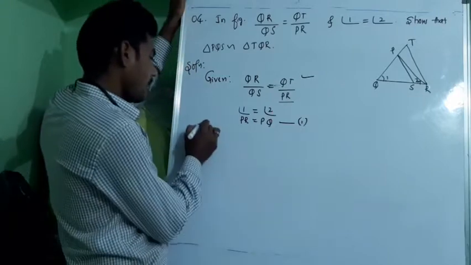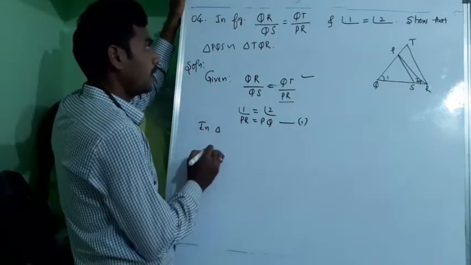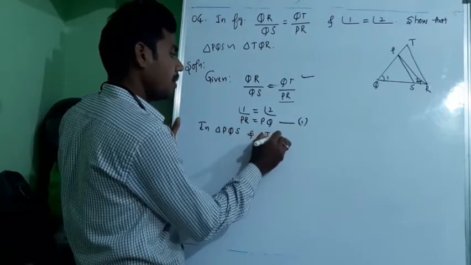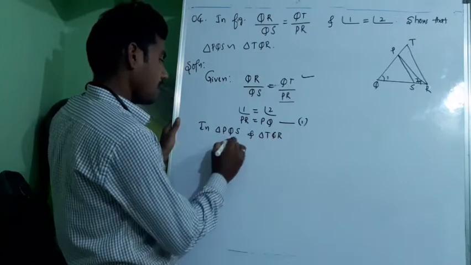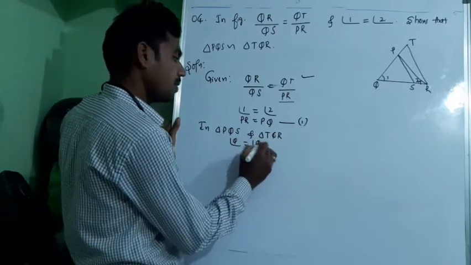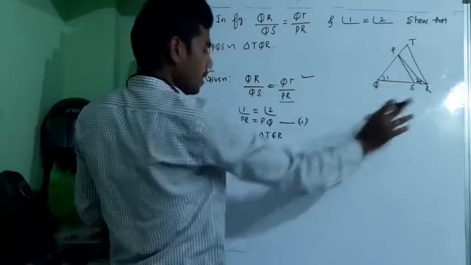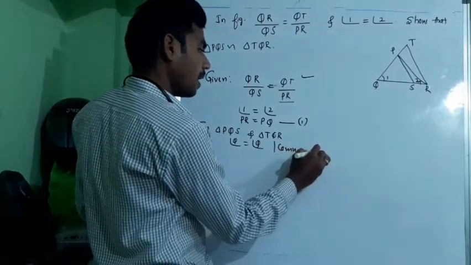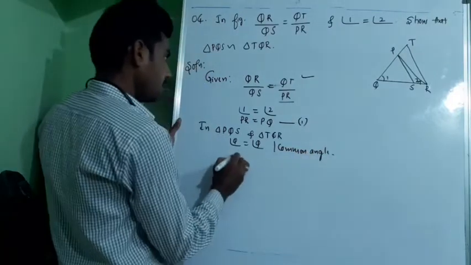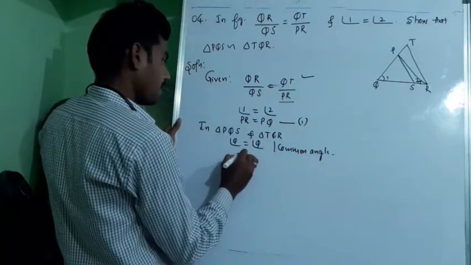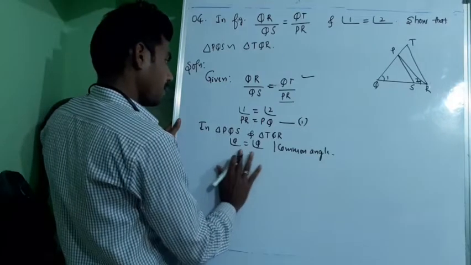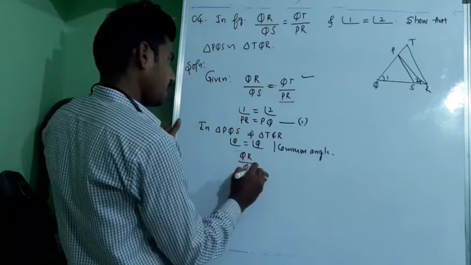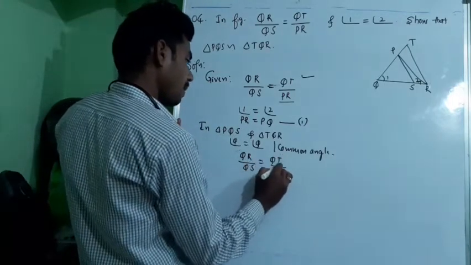So in triangle PQS and triangle TQR, angle Q is equal to angle Q, because in both TQR and PQS, angle Q is the common angle, and it is given that QR by QS is equal to QT by PR.